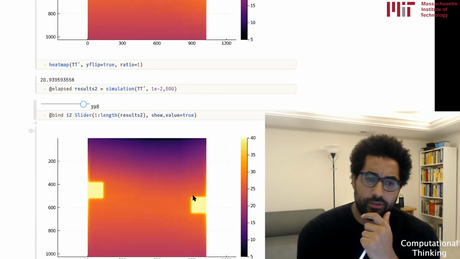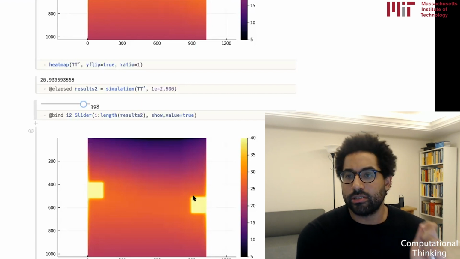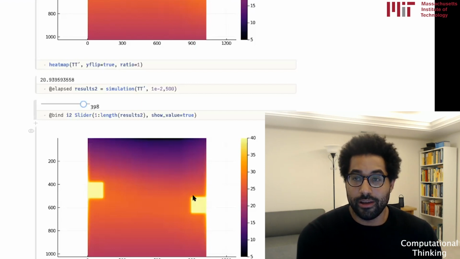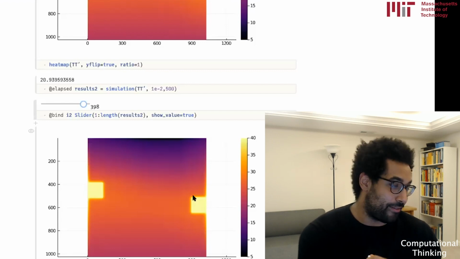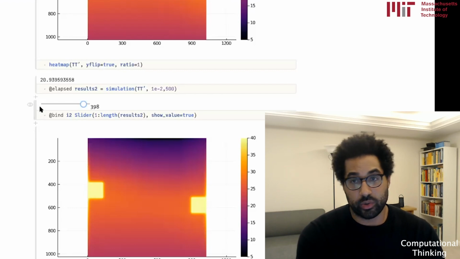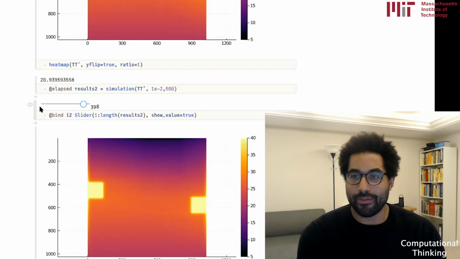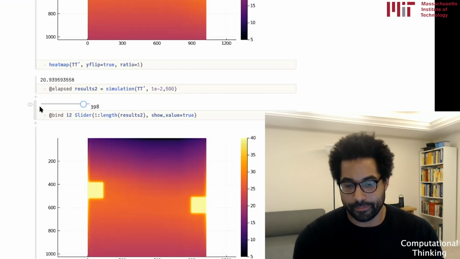And I've got news for you: it's going to be a long time before this picture starts to look like what it should. Far more time than we have. Doing these 400 iterations already took 20 seconds, and to get the type of picture that we want, it's going to take a very, very long time.